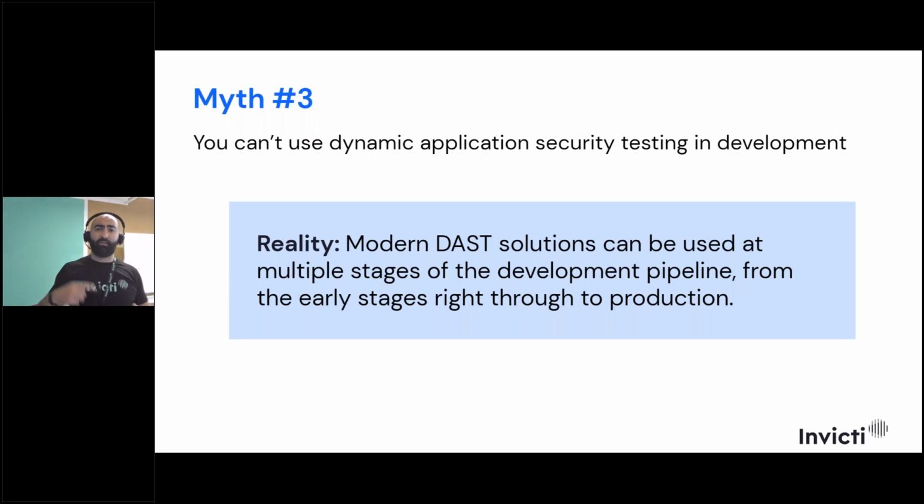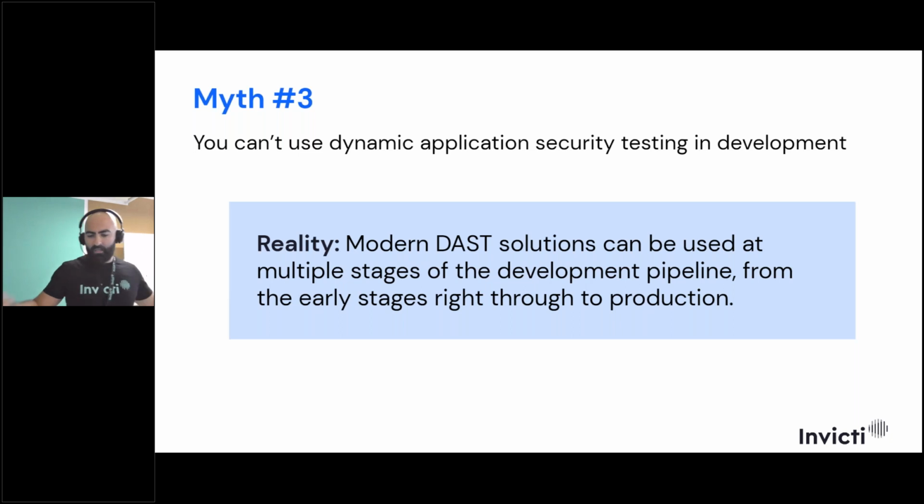In addition to that, you can implement a modern DAST solution in the pipeline itself. You can integrate with CI/CDs, so you can trigger scans even when you are in the extreme left of your spectrum. And when we're talking about modern DAST solutions, you have to take into consideration that you need flexibility in running scans. Not every time do I have to run a full scan on my pipeline.